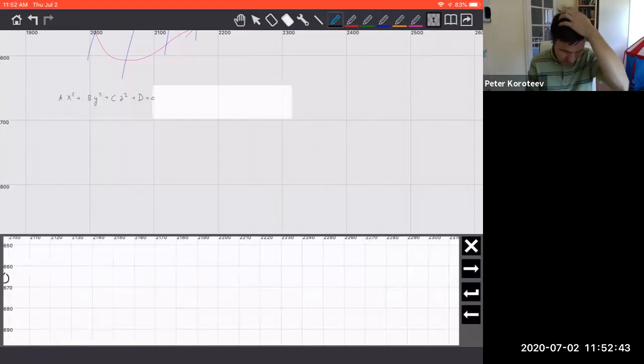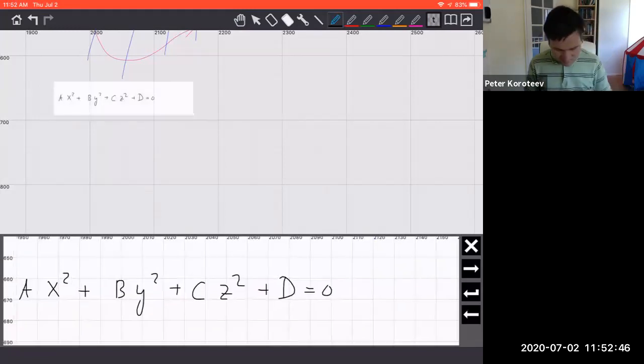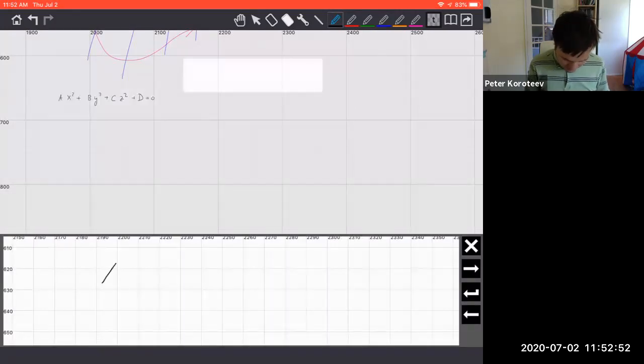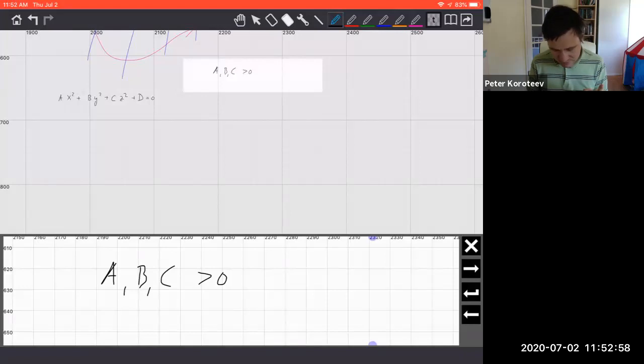Let's focus only on the quadratic part. Now, if a, b, and c are positive and d is negative, we have an ellipsoid. Basically a, b, c have the same sign, and d has the opposite sign.